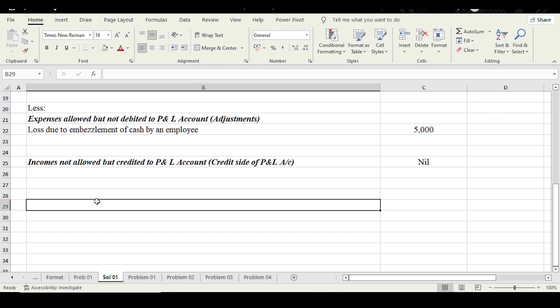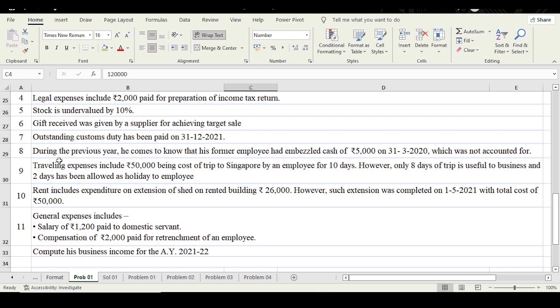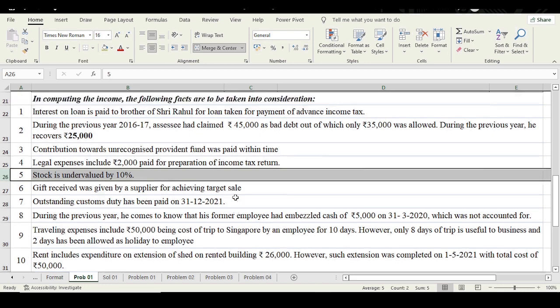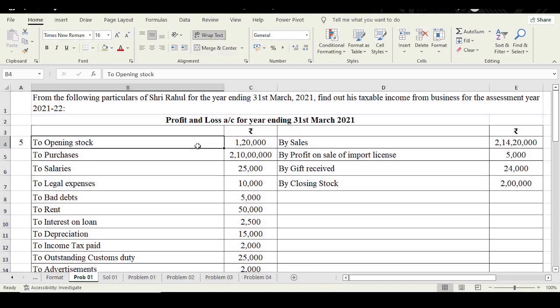The only thing now remaining is undervaluation and overvaluation of stock. The adjustment given is stock is undervalued by 10%. They have not mentioned which stock. That means both stocks are undervalued by 10%. Now what do you mean by undervaluation? You are showing less amount than what it is. Technically, opening stock should have been more.